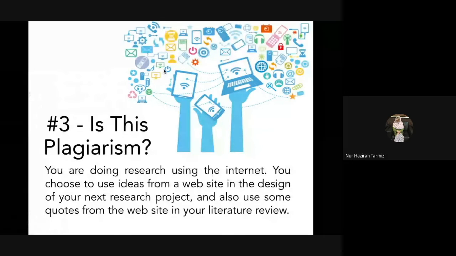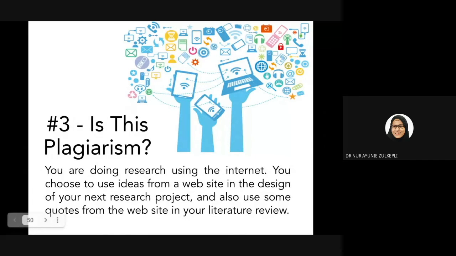No. Taking some sources from the internet? Sorry? I don't think it's plagiarism because it's only the ideas, not the whole. Yes, you're right. It's only an idea, not the whole. I mean, the idea could be the whole sources that you are referring to, but we actually have referencing for electronic sources like from the internet as well.